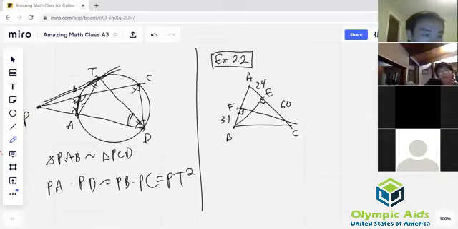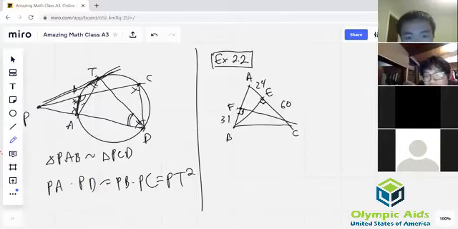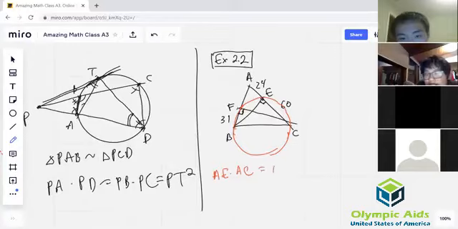So the key idea is that because of these two right angles, we know these two angles are equal. That tells us that these 4 points are actually cyclic. So that means we can draw a circle here. And this actually gives us the power of a point relation. Now we know that AE times AC is equal to AB times AF. We know AE, that's 24.